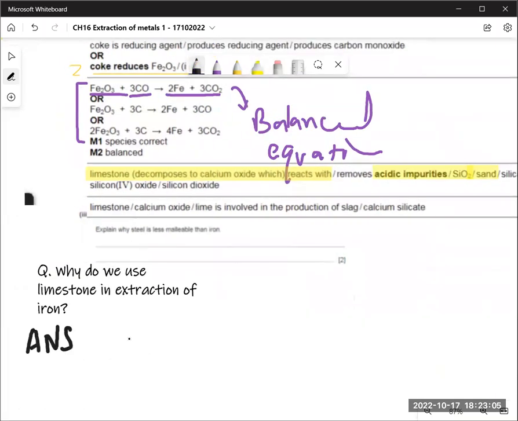The answer is 1 and 2. The first step is 1. The second step is that limestone, calcium oxide, is involved in the production of slag.